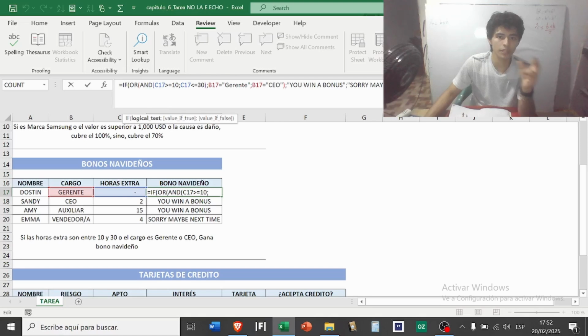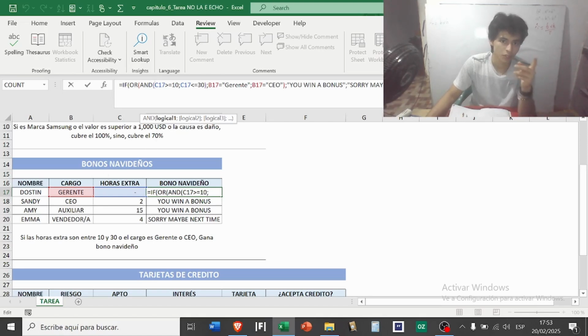The first question that Excel sees is: if this cell, C17, is between 10 and 30 hours, you will receive a bonus.